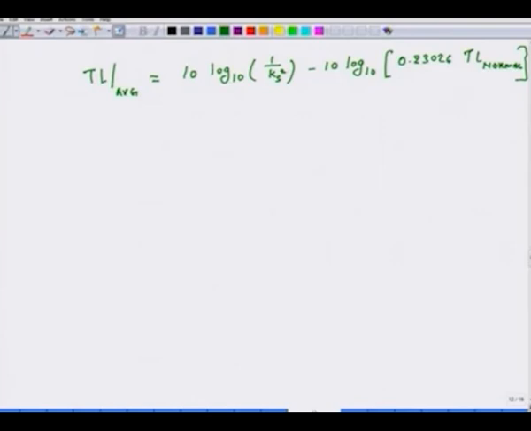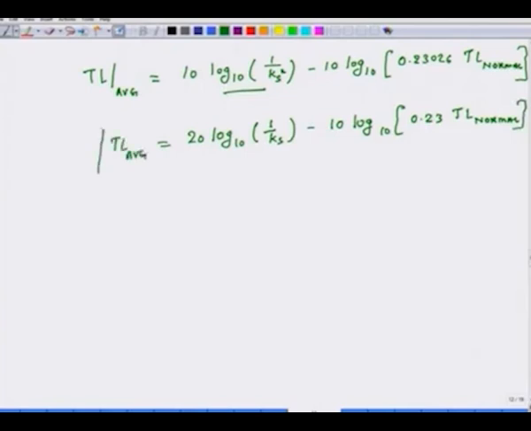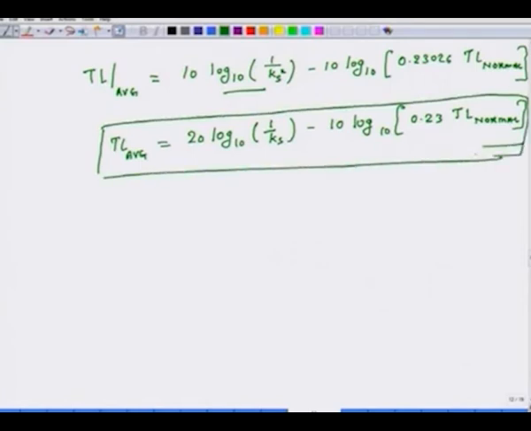If I want to remove this square term, then I get 20 log 10 of 1 over k s minus 10 log 10 of 0.23 TL normal. So, that is my relation. This is my average transmission loss across a wall as long as I am in the stiffness controlled region.